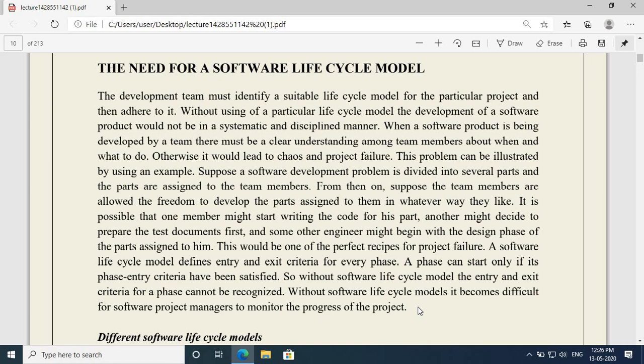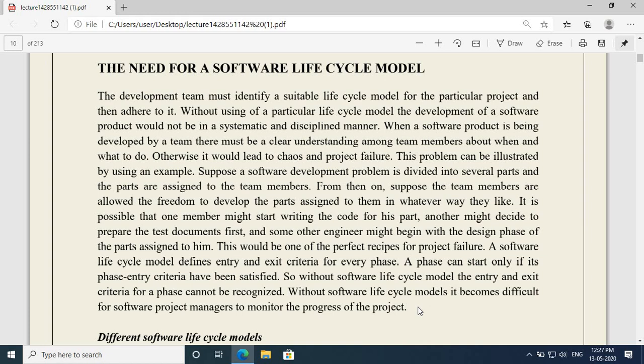One programmer might want to first design the software, another programmer wants to document the software first, and another programmer first tries to code the software. So there is no principle, no rule, and there may be a chance for failure of the software.